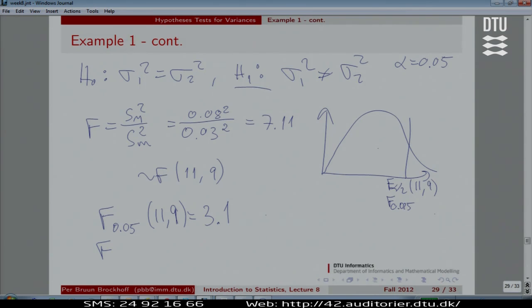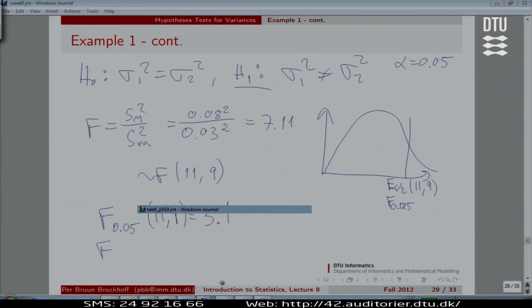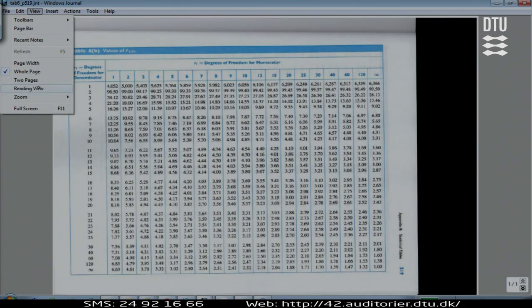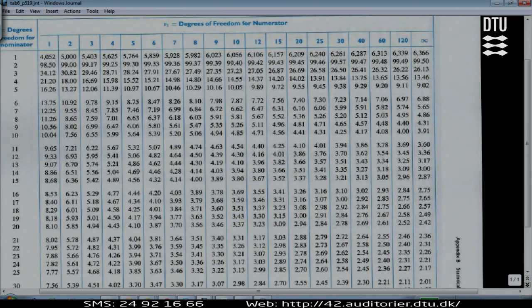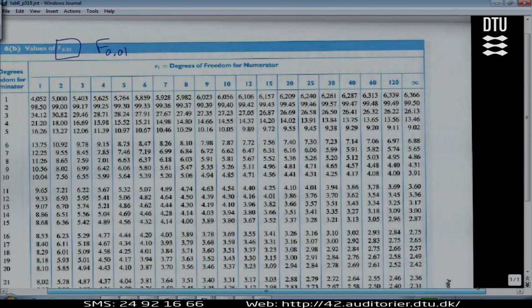What can I do more by using the tables? Well, I could look at the next page, page 519. On page 519, I get 1 more point on each distribution. It's very sparse information on the individual distribution. I get the 1% point now on many different Fs.